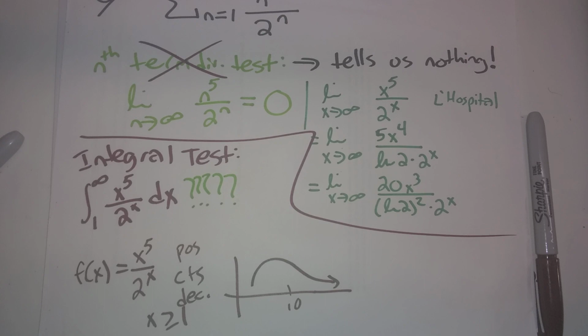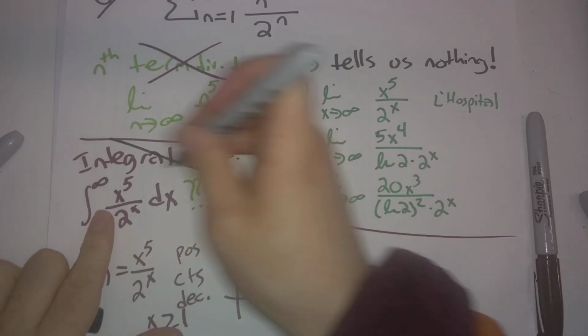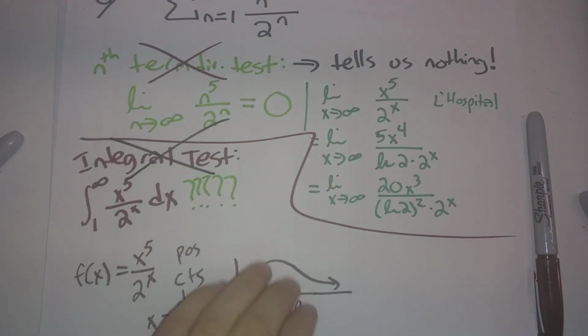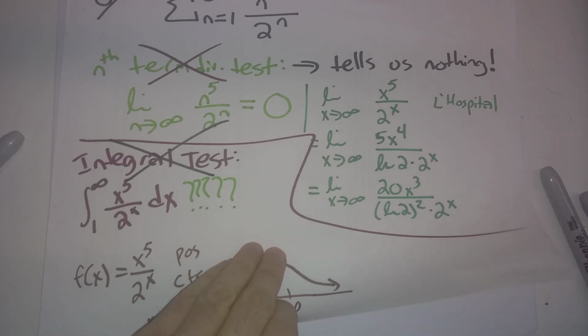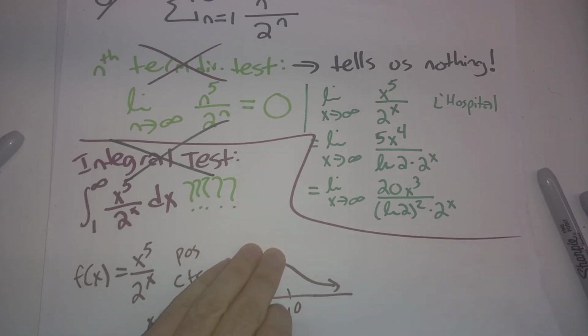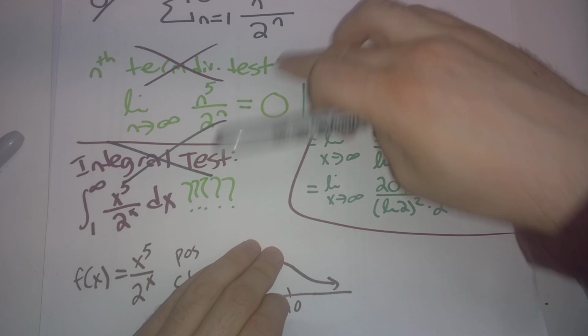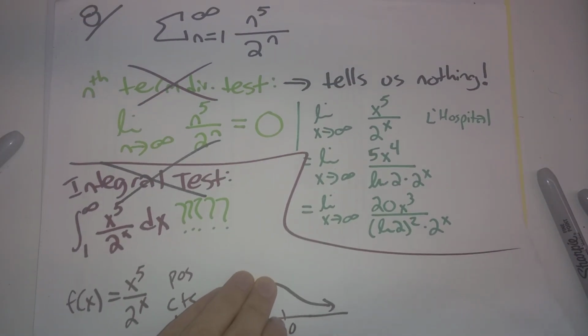So the integral test would apply after patching things up, except that you just can't evaluate this integral. You can't determine whether or not it converges or diverges. So I'm going to cross that one off as well. Two bad tests so far, two tests we don't want to use here either because it doesn't apply or it's too difficult to apply.